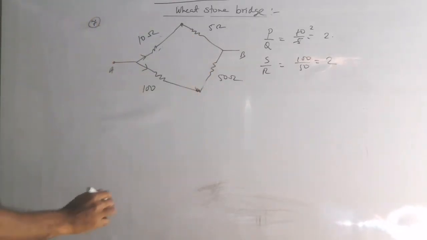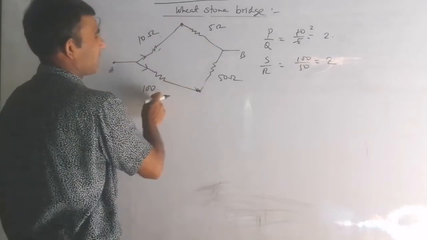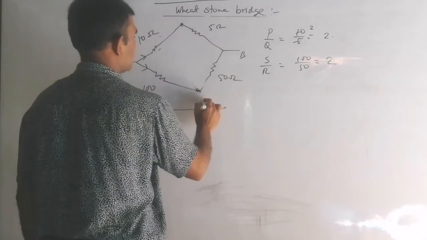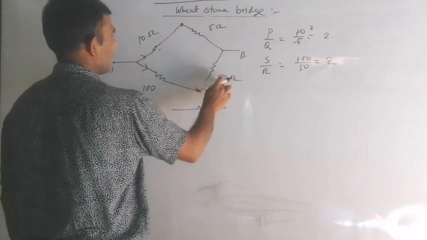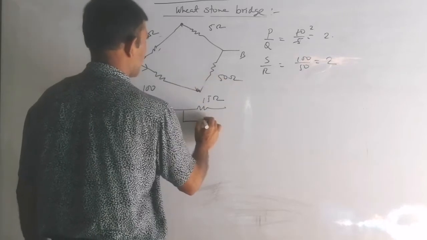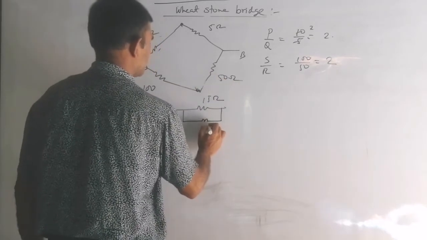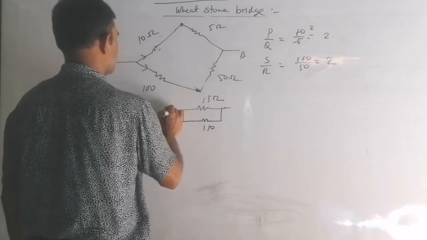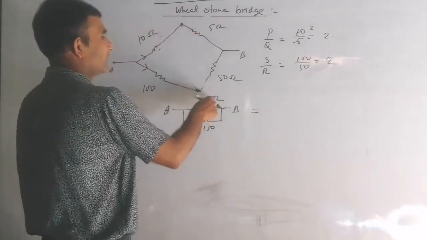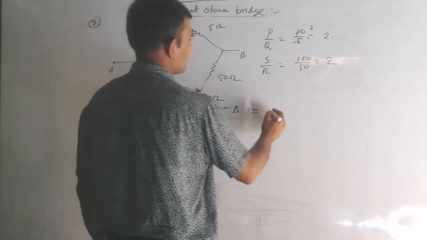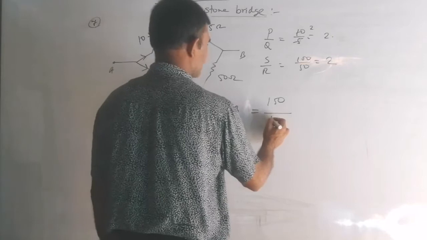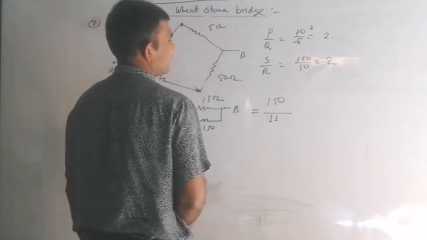Now what will be the resistance? Now it's so easy for you. Because there are two parallel branches, the upper branch is 10 plus 5, which is 15 ohm, and the lower is 100 plus 50, which is 150 ohm. Now see this A and B. I told you one is a multiple of another. 150 is 15 tens, so very simply I can write the bigger one 150, total 10 plus 1 is 11.